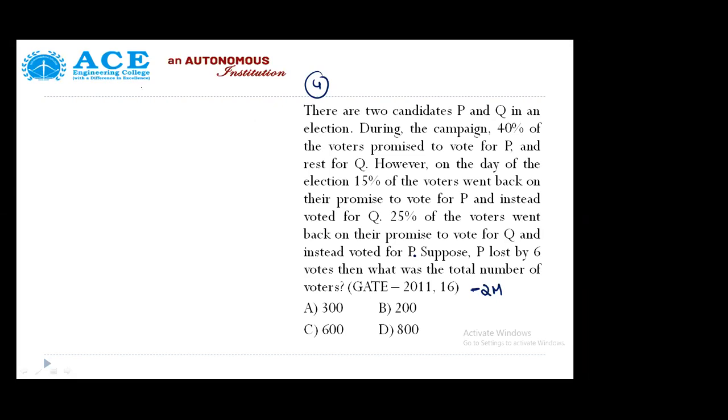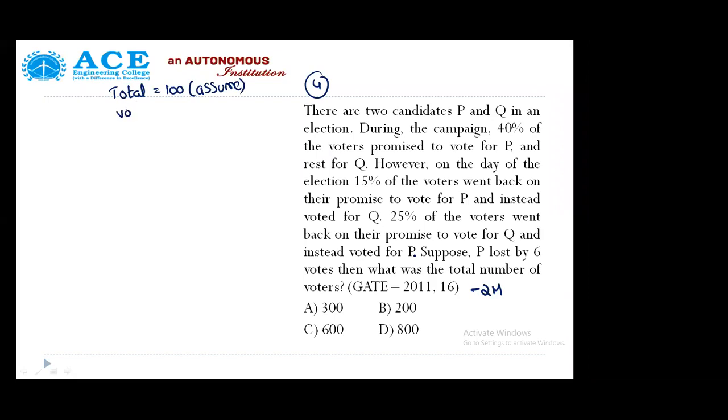So guys, listen, the total votes is unknown. Dilip Chaudhary, correct, the total is unknown, right? We don't know, so we can assume. I assume the total votes is equal to 100.